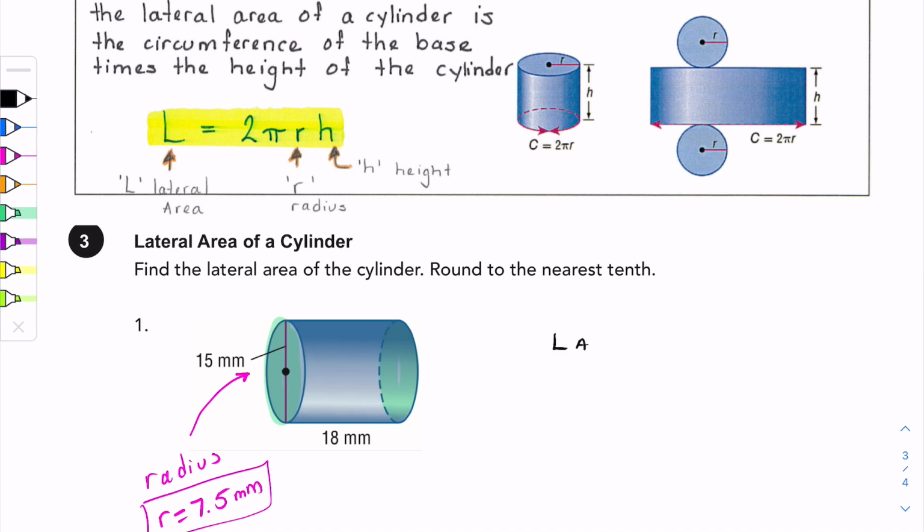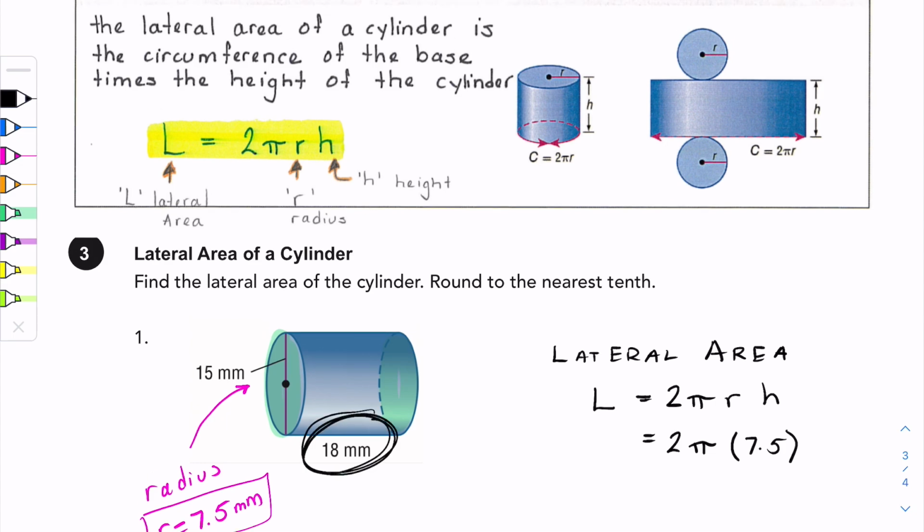So in order to calculate the lateral area, I'm going to use 2 times pi times r multiplied by the height. And I'm just going to fill everything in. 2 times pi obviously remains the same, times the radius of 7.5, times the height of the figure, which is 18.